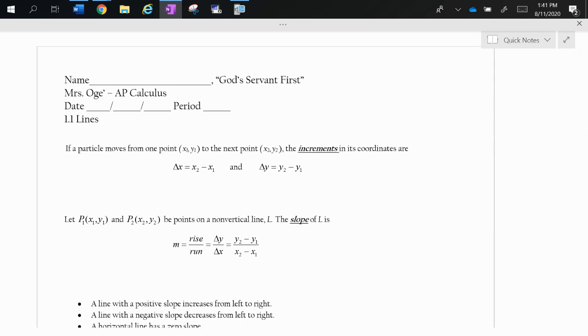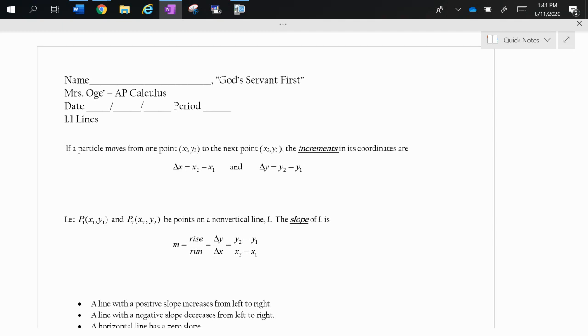We're going to spend a little bit of time, not very much time, but a little bit of time reviewing lines. The first thing we need to know about is the symbol for delta. If a particle moves from one point to the next point, the first x comma y to the second x comma y, then the increments in its coordinates are the difference between the two x coordinates and the difference between the two y coordinates.